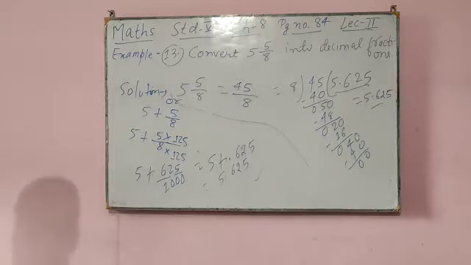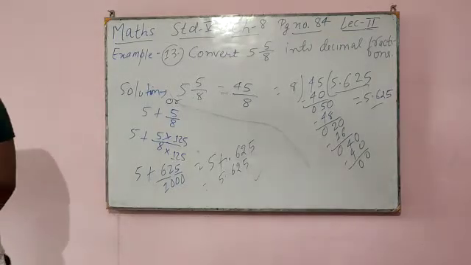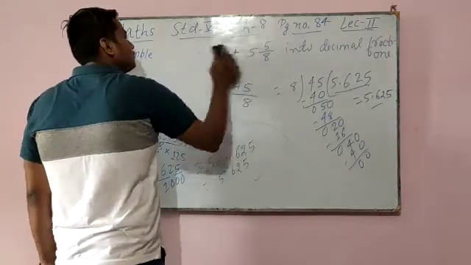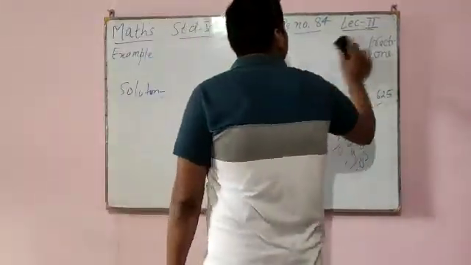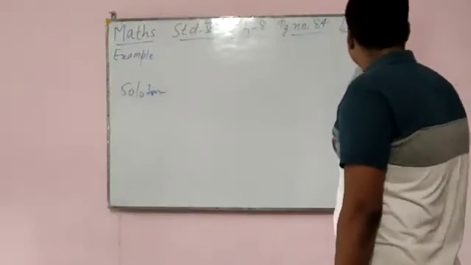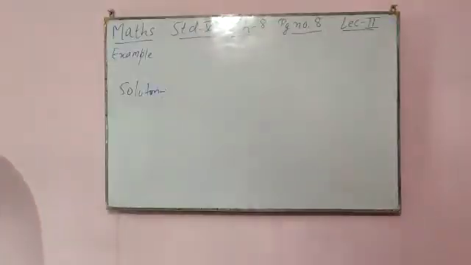Now we will go for example sum for exercise 28. Multiplication of decimal fraction. Example number 14. Page number 85.